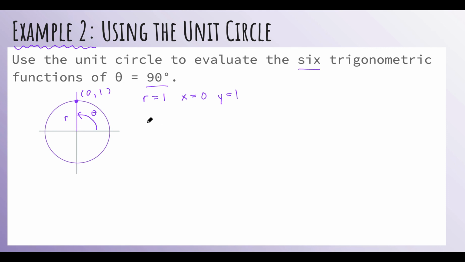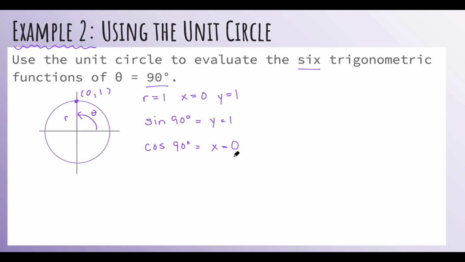Okay? So let's look at the sine of theta, which is 90 degrees in this case. So sine of 90 degrees is just going to be y over r. So in this case, it's just y, because r is equal to 1, so we end up with 1. Cosine of 90 degrees is going to be equal to x over r.